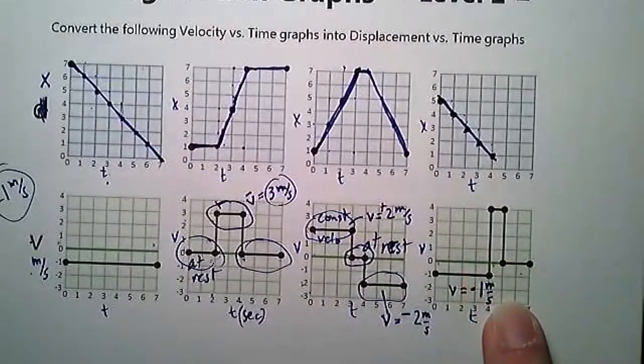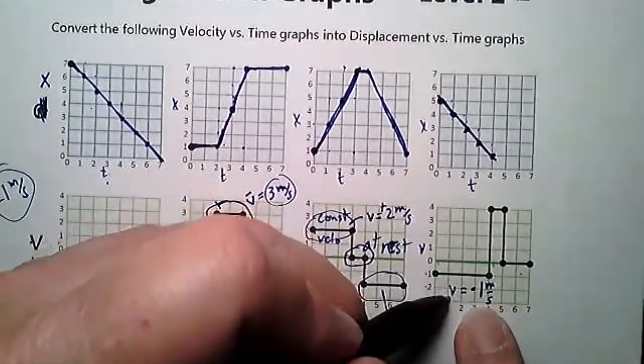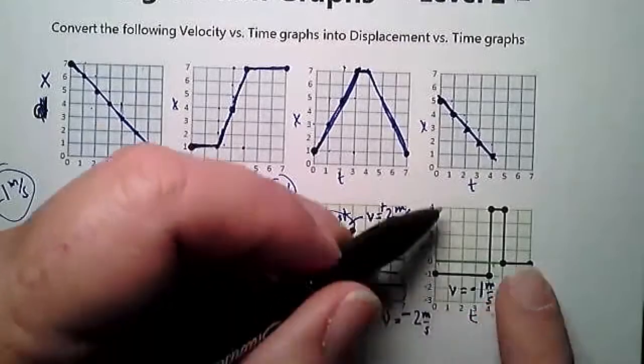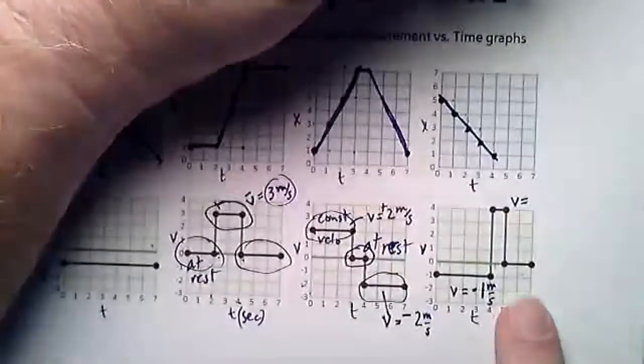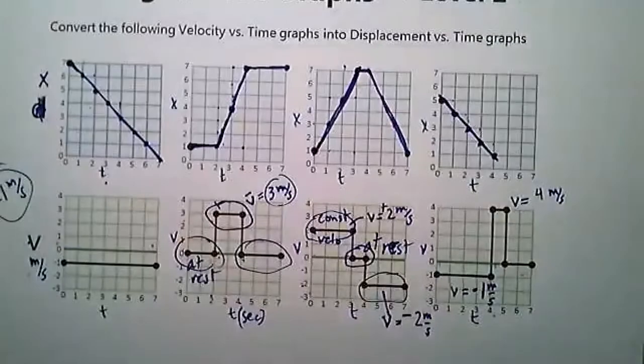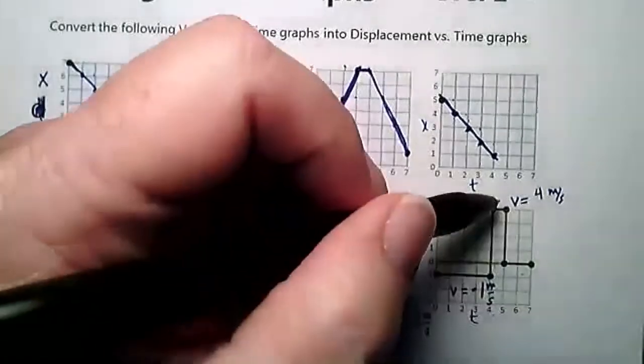Then what happened? All of a sudden, I went from having a velocity that's negative 1 meter per second to having a velocity here that is going to be equal to 4 meters per second. So only 1 second passed.